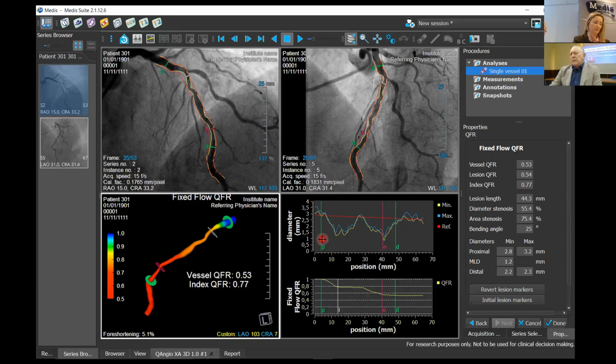Not from the QCA, but from the functional QFR pullback curve. This is an important way to use this pullback curve.